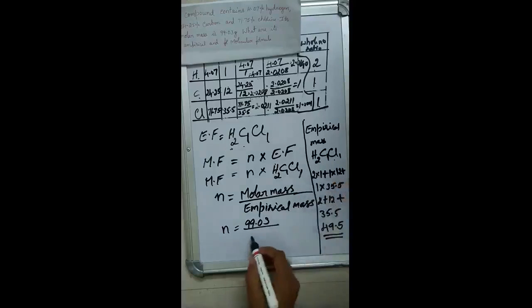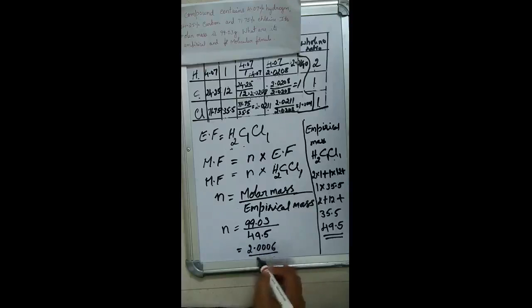So, here I will substitute 49.5. With the help of a calculator, calculate and write it down. What is the answer you will get? 99.03 divided by 49.5 is equal to 2.0006.